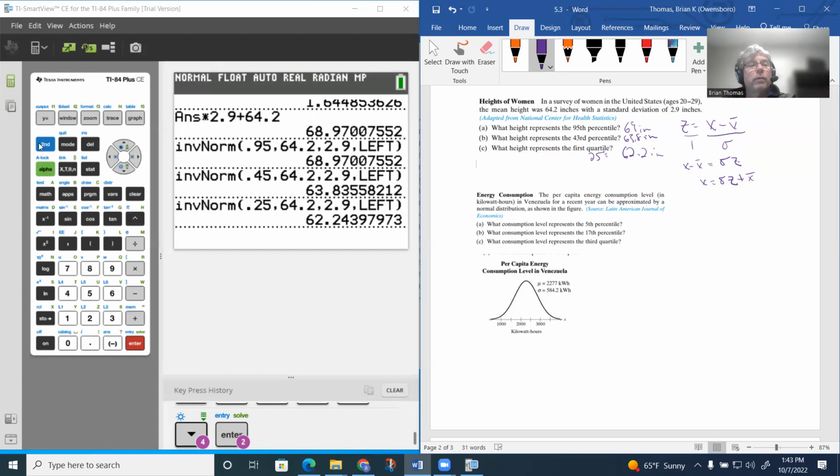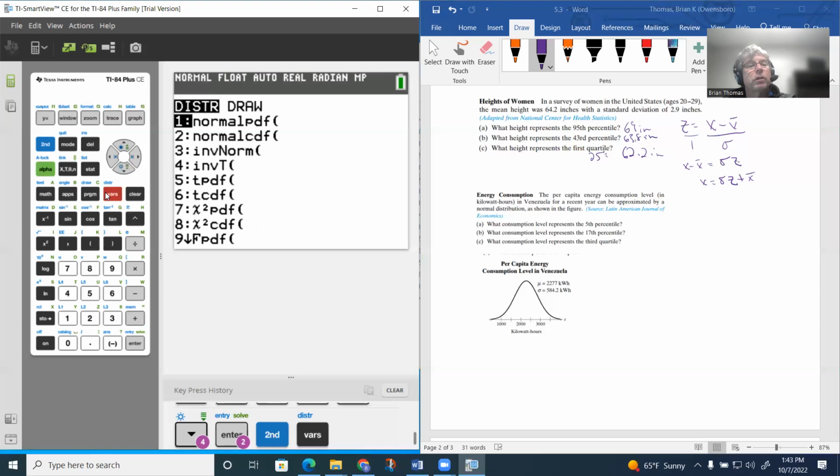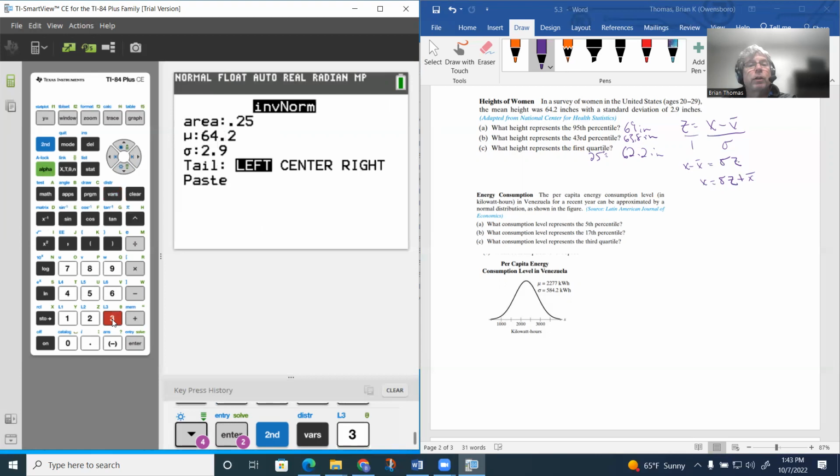So I can go to my distribution, and then to go backwards, since we're looking for the actual consumption, we're looking for a number, we use number 3, and 5%. 5th percentile means 5%, or that's going to be 0.05. Got to move the decimal 2 places to the left.